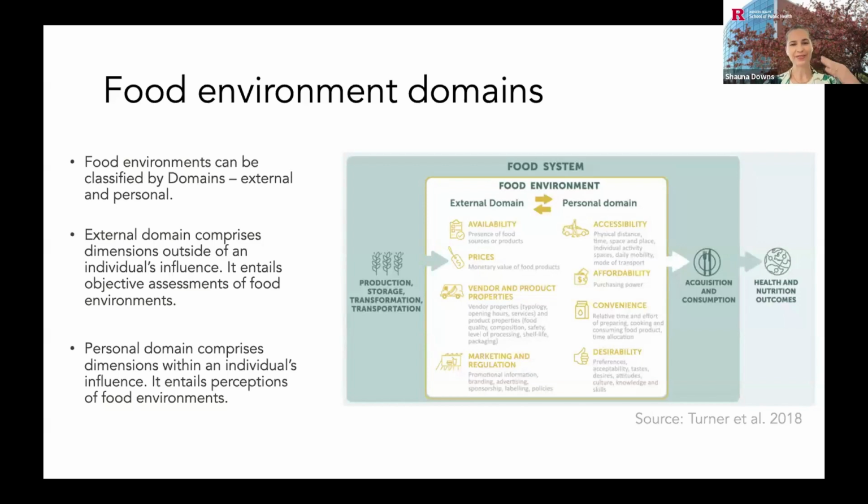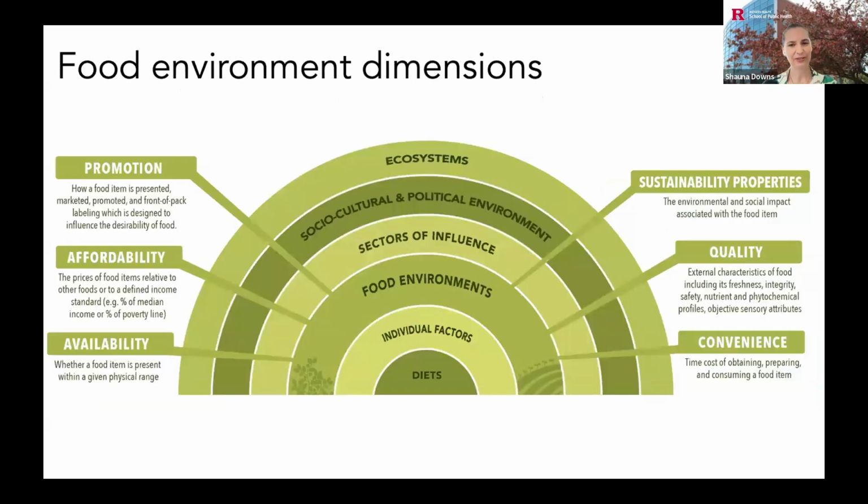So that then feeds into these dimensions of the food environment, which are the dimensions of the external food environment, and they include the promotion of food, so which foods are promoted within the environment, the affordability of foods, their availability, the convenience of foods in terms of the time cost of obtaining, preparing, and consuming foods, the quality, which includes safety as part of that, as well as sustainability properties.